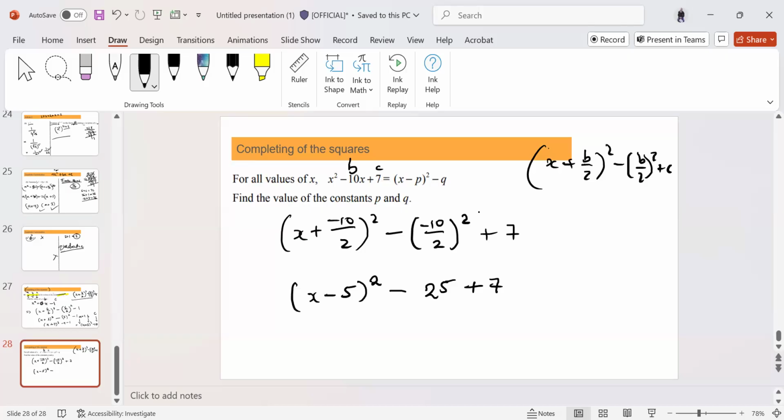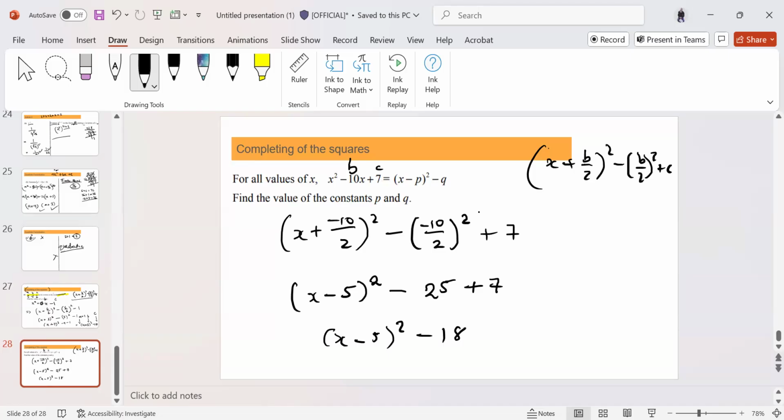So if you do that, you're going to end up with the following. And if you add 7 to -25, you end up with -18.